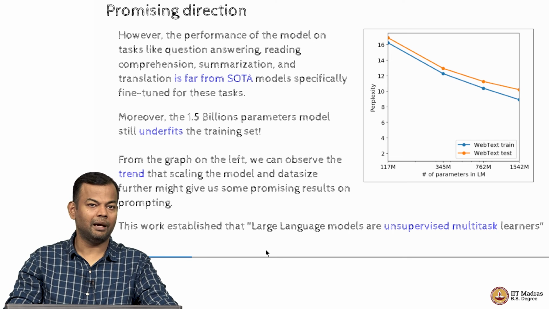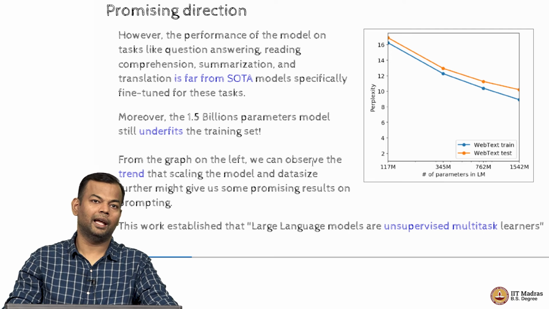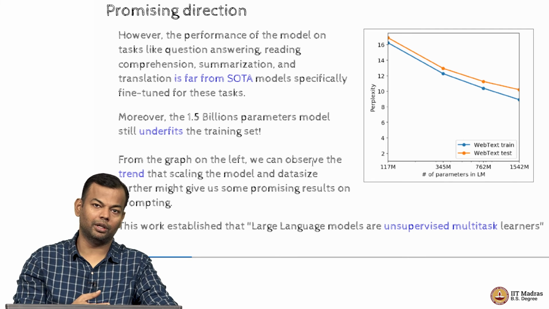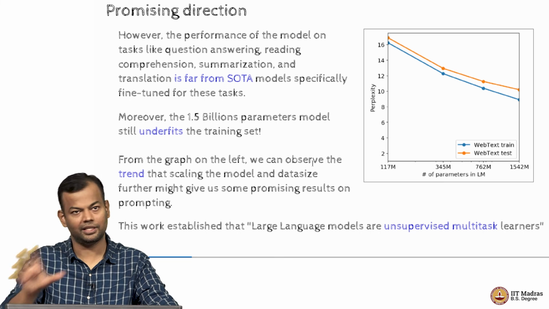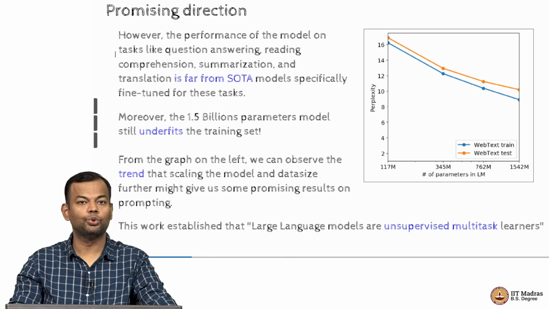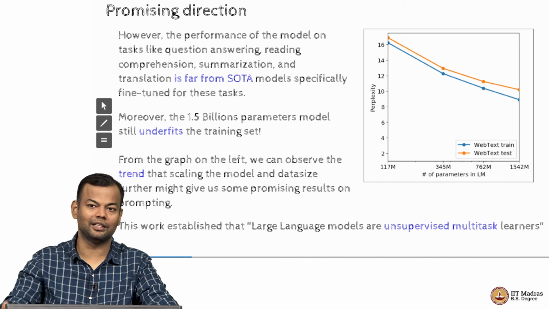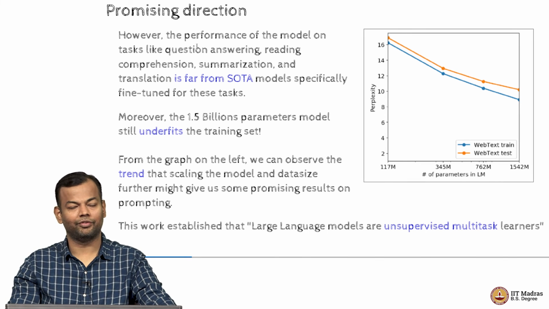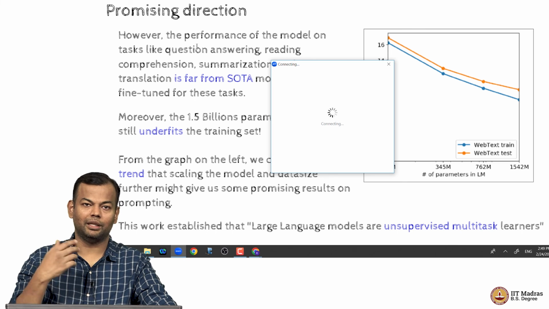And what it established is that large language models are unsupervised multitask learners. And this idea of prompting the model, saying that, hey, here's a text, I want a summary, can you generate the summary? It'll just generate it. So whatever we are used to today, I don't know in which year you are seeing this lecture, but at least in 2024, we are used to talking to ChatGPT by just prompting it.